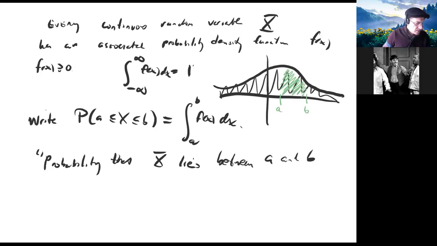Okay, so I'm going to give you some examples today, not too many, of distributions. Okay, so let's get started. My first example, example 1, is a so-called uniform distribution.